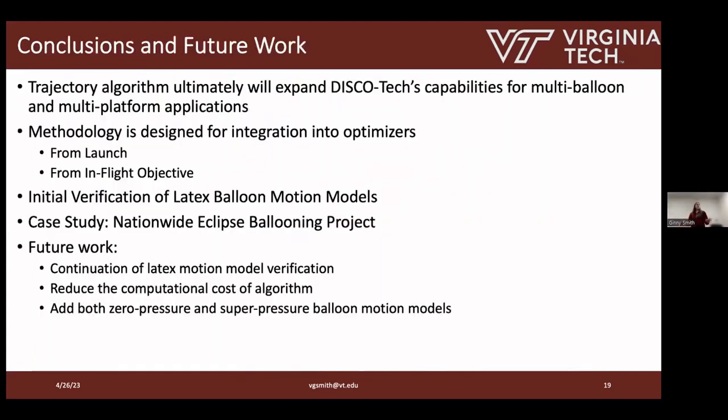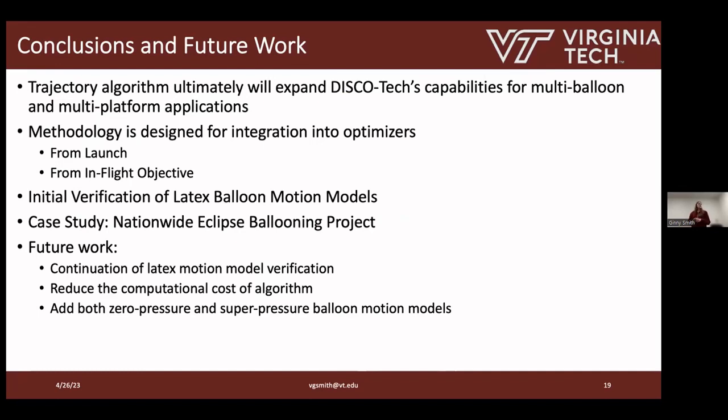So to wrap everything up, this trajectory algorithm is ultimately looking to expand Discotac's capabilities to look at multi-balloon and multi-platform applications. For example, in this case study on the nationwide Eclipse ballooning project, you have ground stations and balloons.